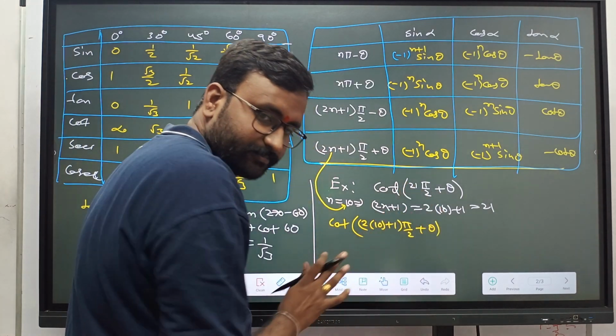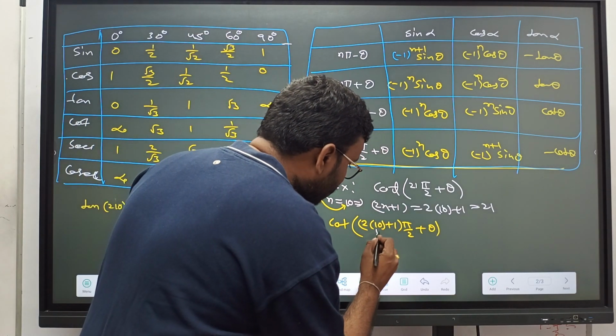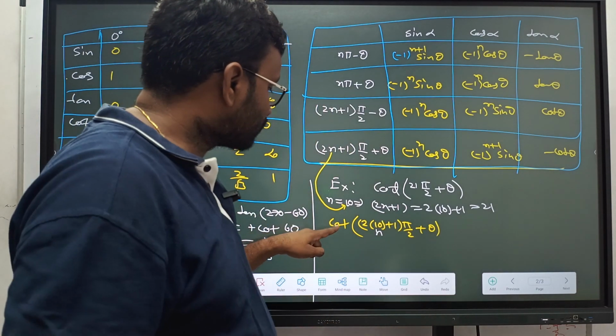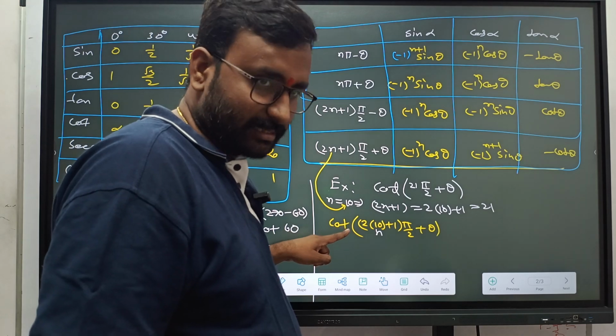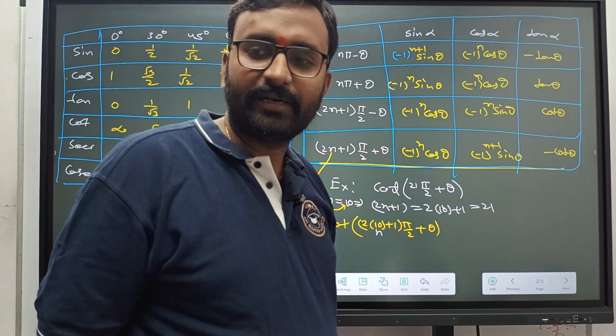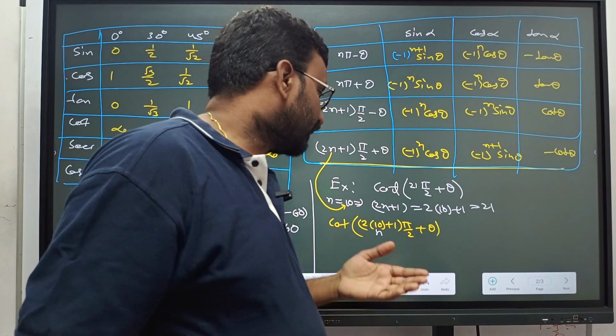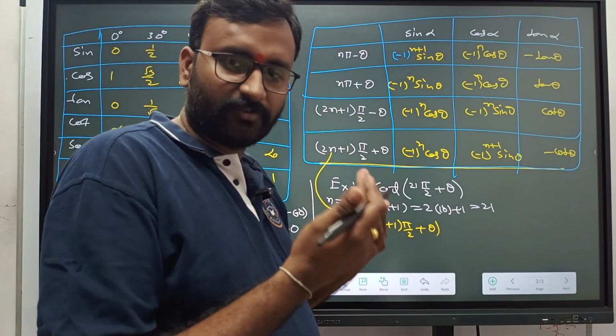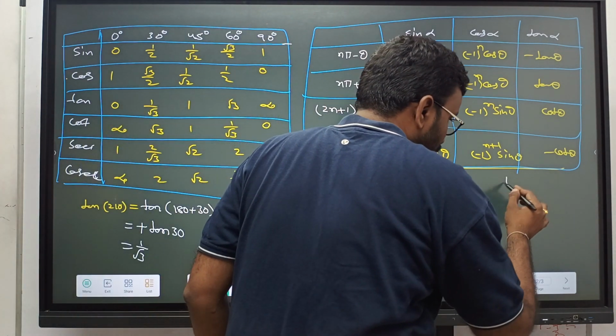This is the same, where n value is 10. This is which ratio? Cot. But here we have the table only till tan. Then how can we find? Okay, take tan first, and I will give you tan and cot both.